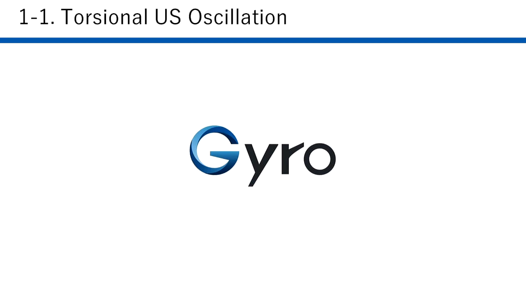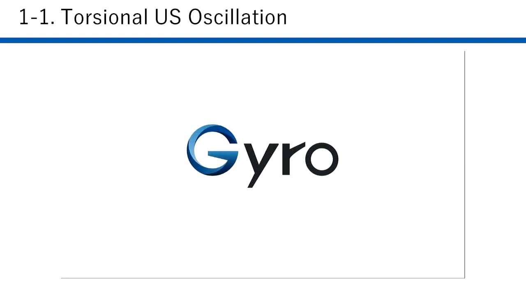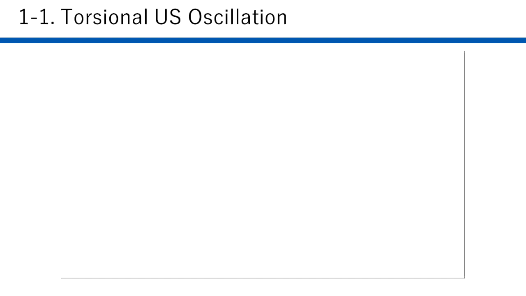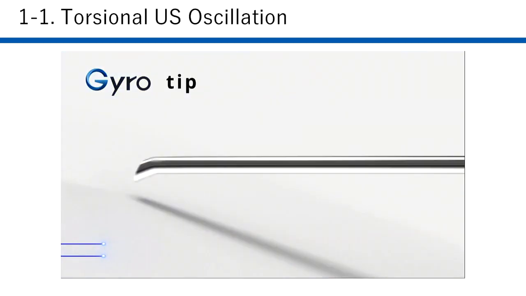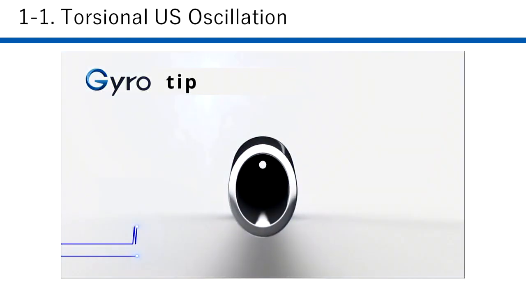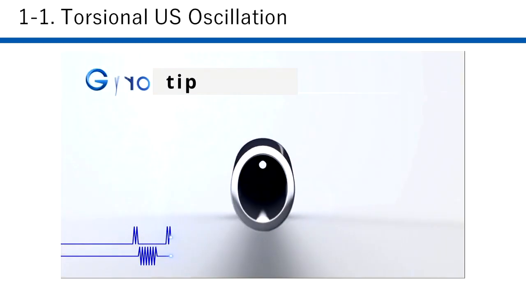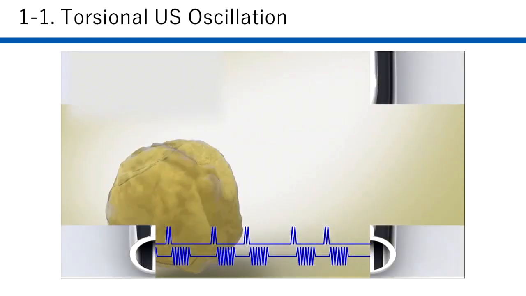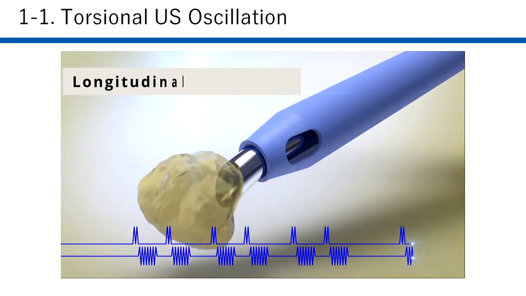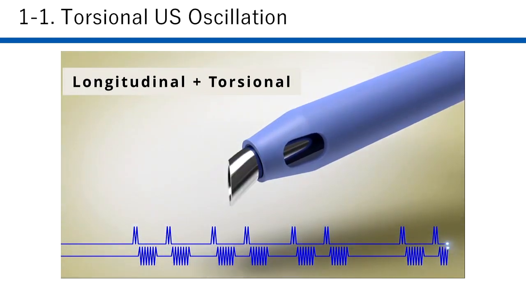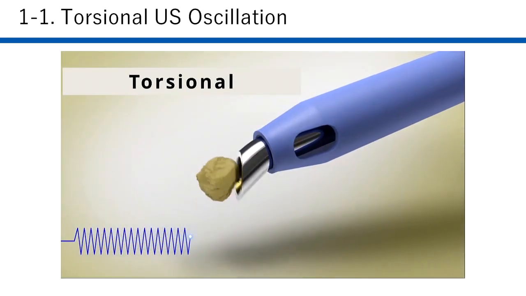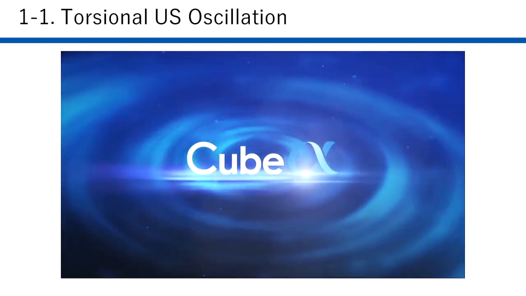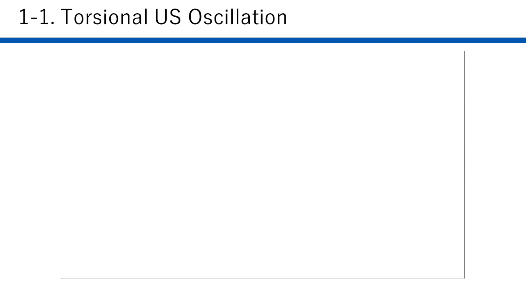The NIDEK system calls it Gyro, and as this video shows, it's a different handpiece, and the tip is slightly bent downwards, and it goes both longitudinal and torsional, or Gyro, movement. So as soon as it is there, the emulsification is much faster and is taken away in the tip very quickly.